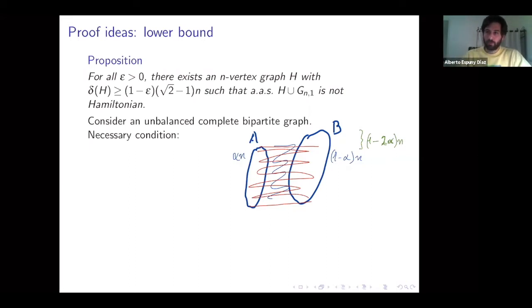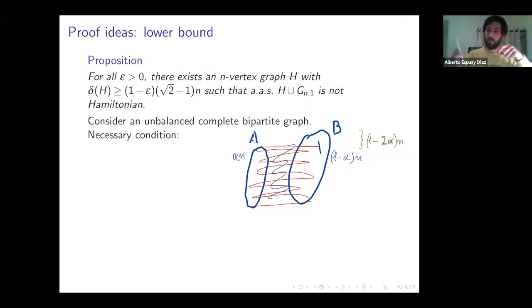And an idea that you should have is that each time that I add an edge inside of here, this allows me to incorporate one new vertex into the cycle, because before it was just jumping from one side to the other and we have complete freedom because it's a complete graph.